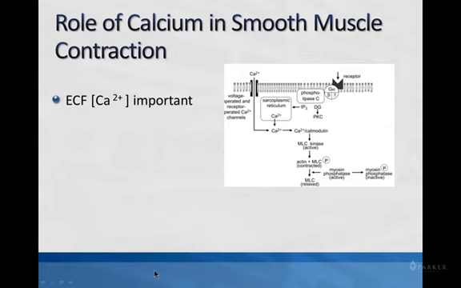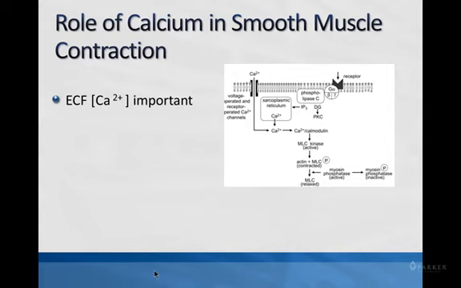Now, to change gears slightly, but it's really not changing gears, I want to emphasize the role of calcium in smooth muscle. Already you noticed that I mentioned the role of calcium in regards to action potential and also in slow wave activity. In GI smooth muscle, the slow wave activity is because of calcium moving in through a unique type of channel that you have in GI smooth muscle.